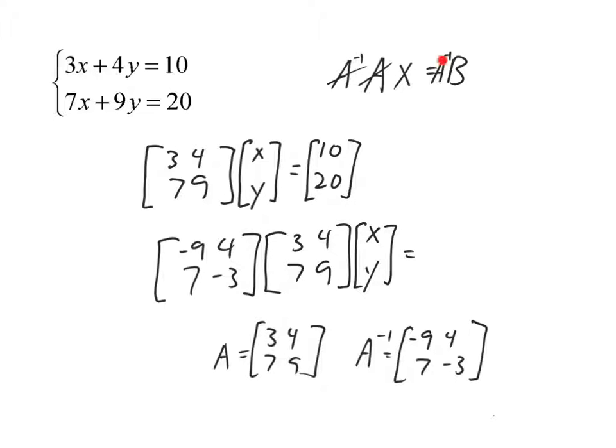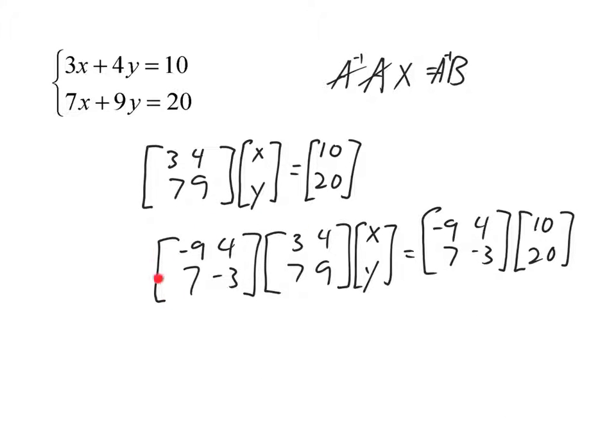And then we have A inverse again, which is negative 9, 4, 7, negative 3, and then we have B, which is 10, 20. Now if I multiply these together, and I did that in the last video, you end up getting the identity matrix, which is 1, 0, 0, 1.